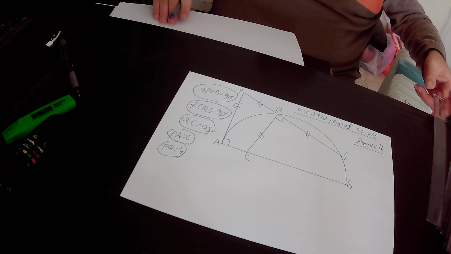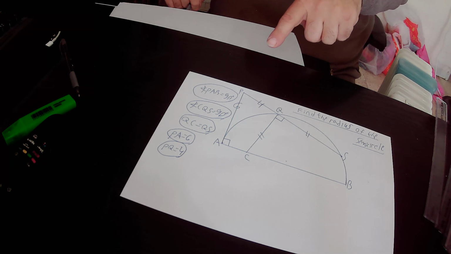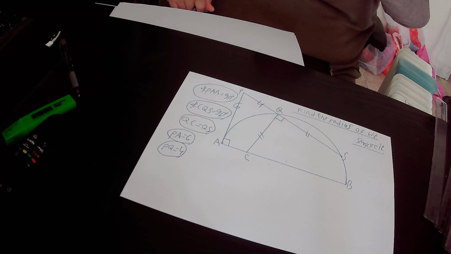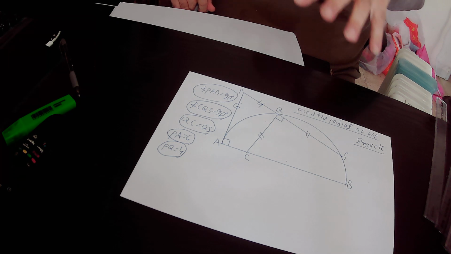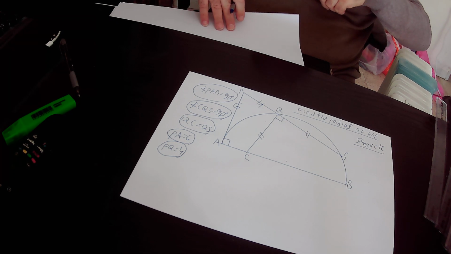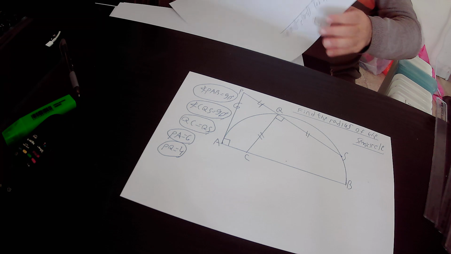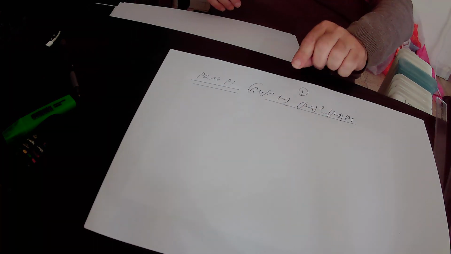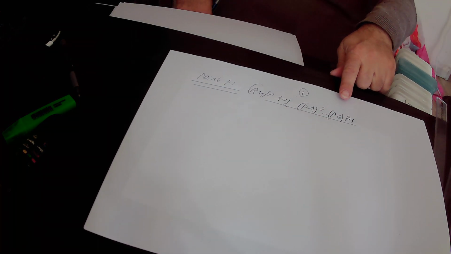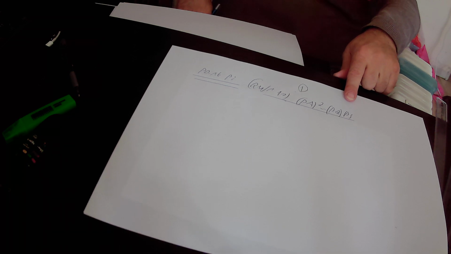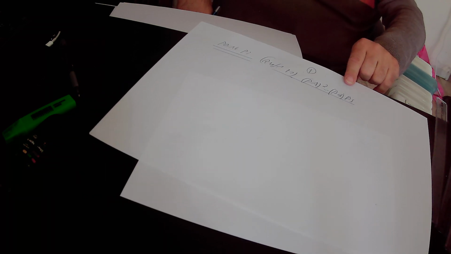Repeat again. If you focus on point P in our drawing, you can actually implement here rule number 10. According to rule number 10, PA square equals PQ times PS.